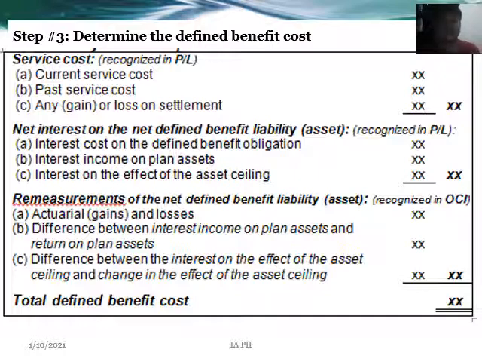And finally, the remeasurement of the net defined benefit liability includes actuarial gains and losses, the difference between interest income on plan assets and return on plan assets, and the difference between the interest on the effect of the asset ceiling and the change in the effect of the asset ceiling.